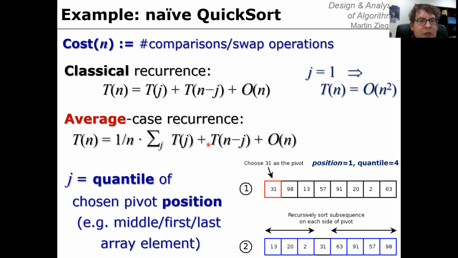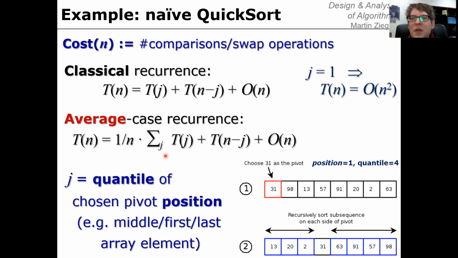The above recurrence is the same, and then we take the weight 1 over n, because there are n possible values for the quantile j. So this is our average case recurrence, and now we need to solve that, which is again only mathematics.